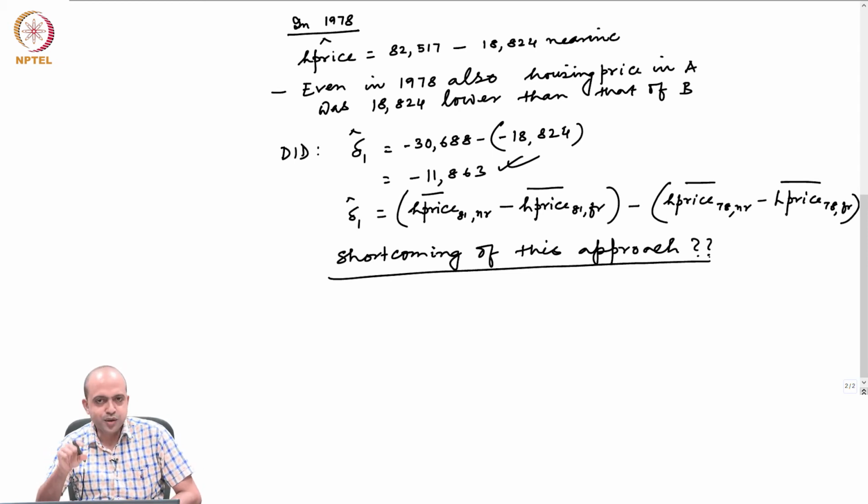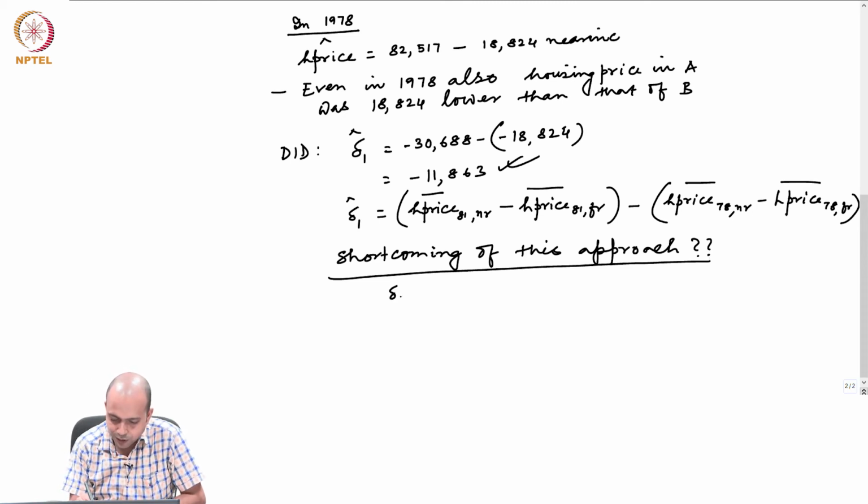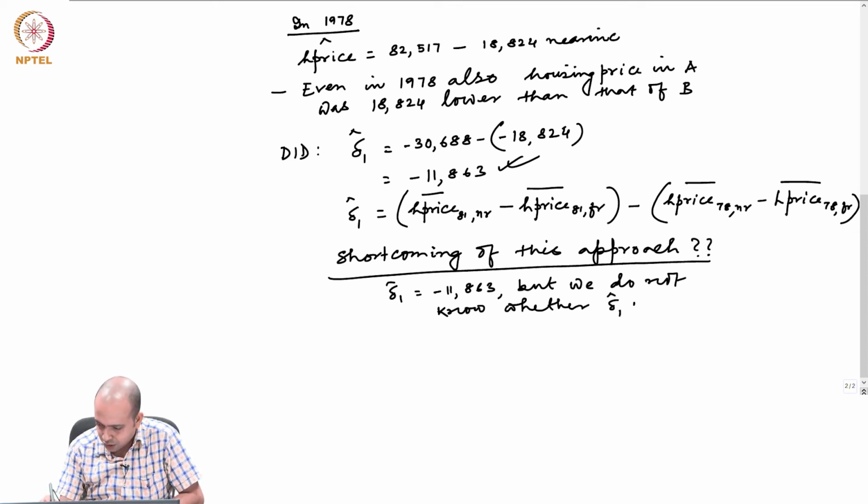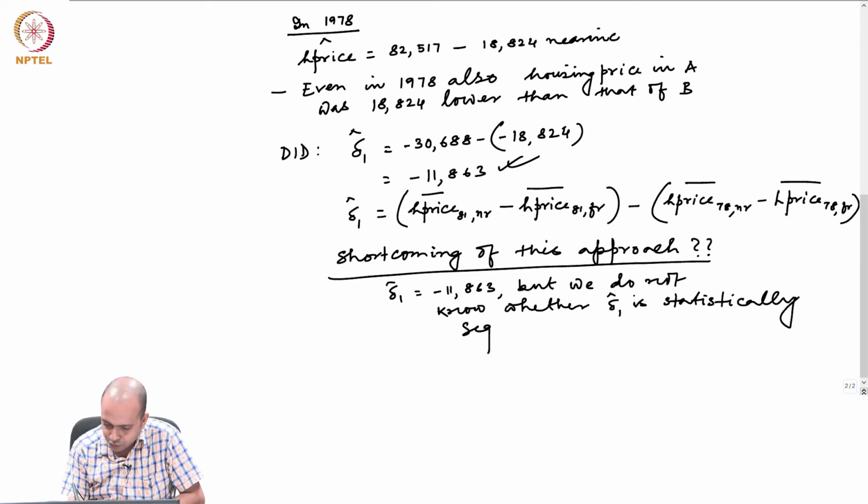So, the shortcoming of this approach, if you think closely: we have quantified the impact, delta 1 equals minus 11,863, sorry, 11,863, but we don't know whether delta 1 hat is statistically significant or not.